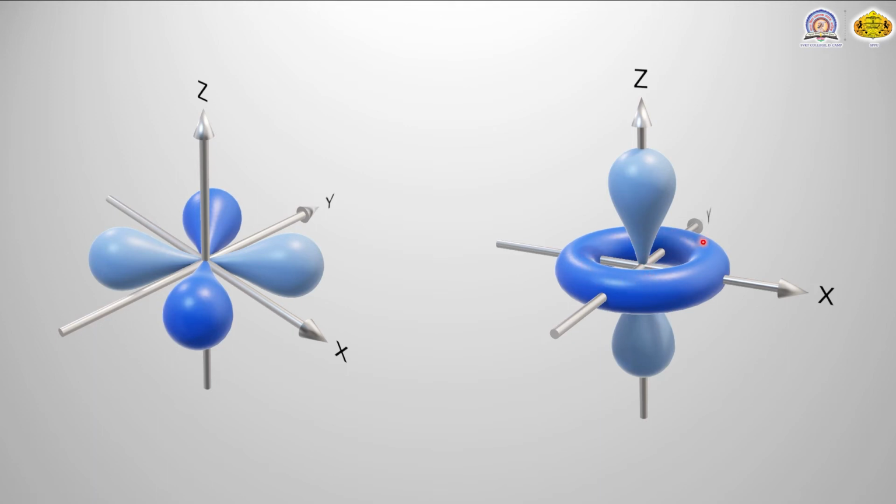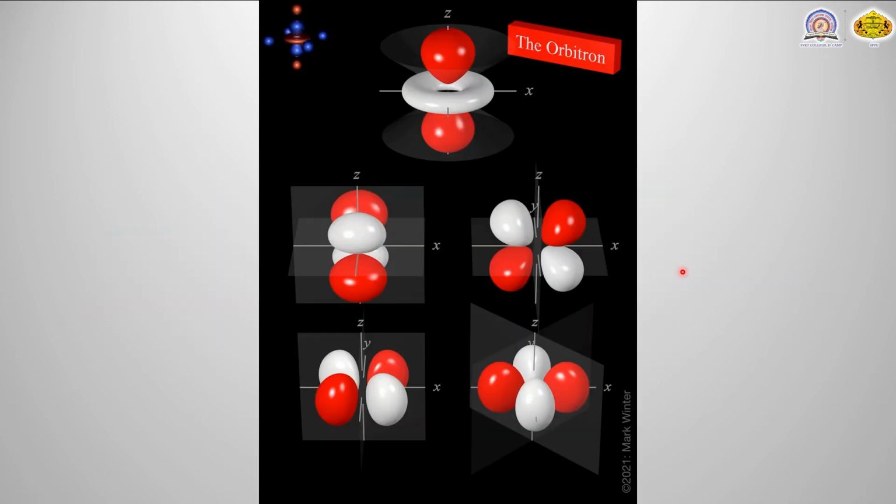Similarly, this is the dz square orbital. The orientation of this orbital is along the axis, and the more electron density is toward the z axis, so it is represented as dz square. Similarly, the dx square minus y square orbital is represented along the axes. So in a d orbital, 3 suborbitals are in between the axes and 2 suborbitals are along the axes.